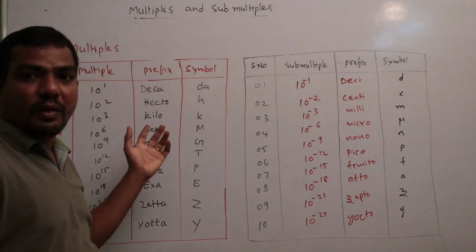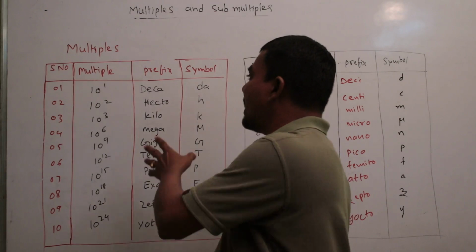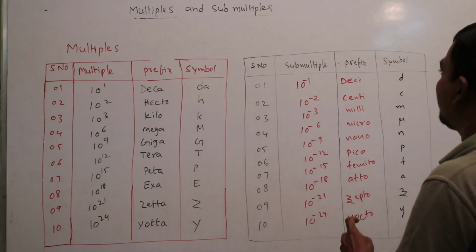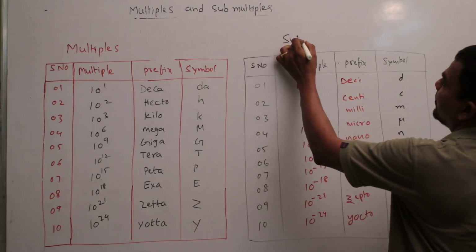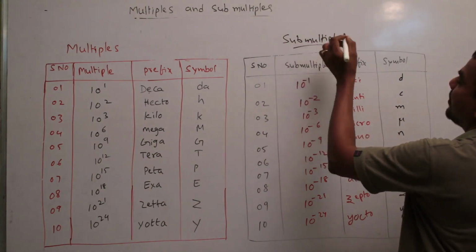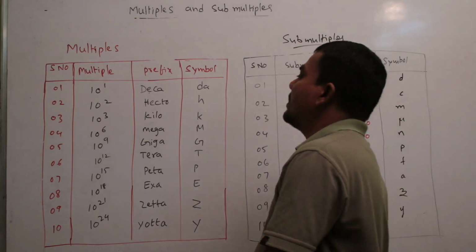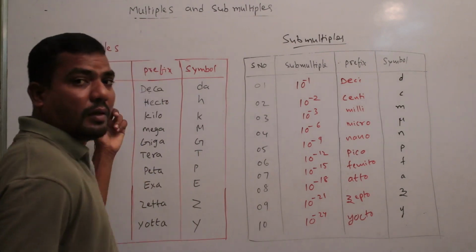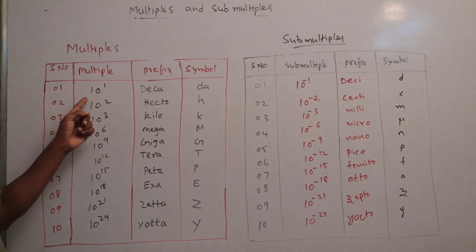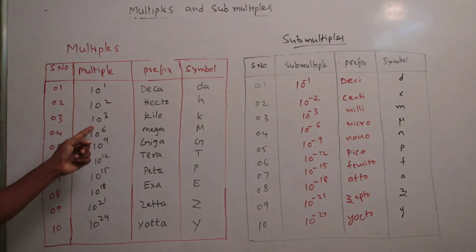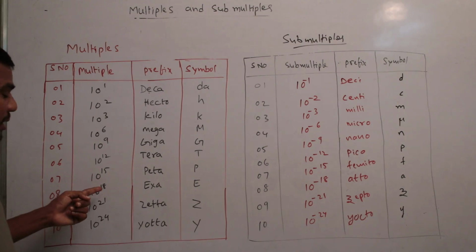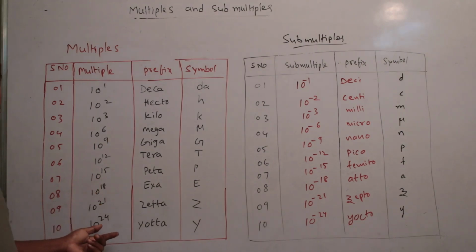See the diagram. This is the table of multiples, and this is the table of submultiples. In the multiples table, we have 10 power 1, 10 power 2, 10 power 3, 10 power 6, 10 power 9, 10 power 12, 10 power 15, 10 power 18, 10 power 21, 10 power 24.